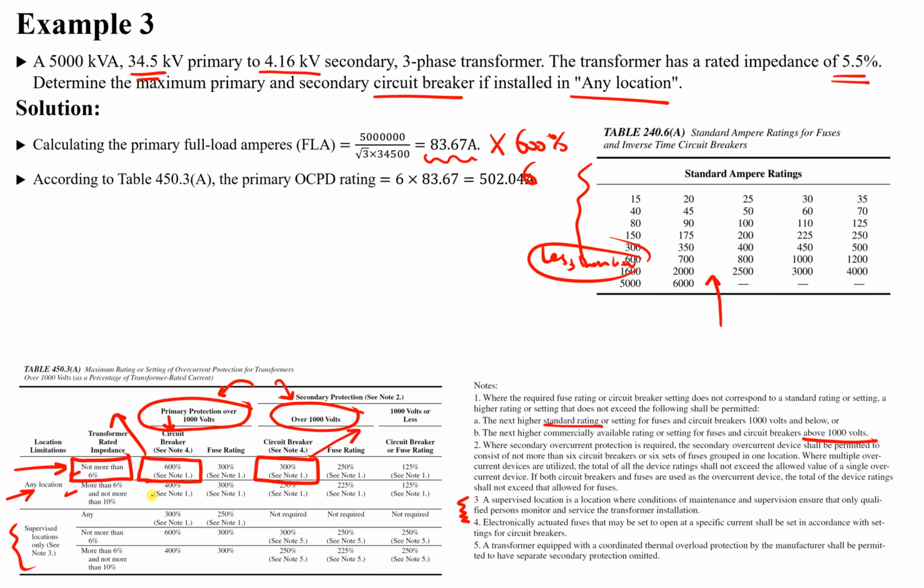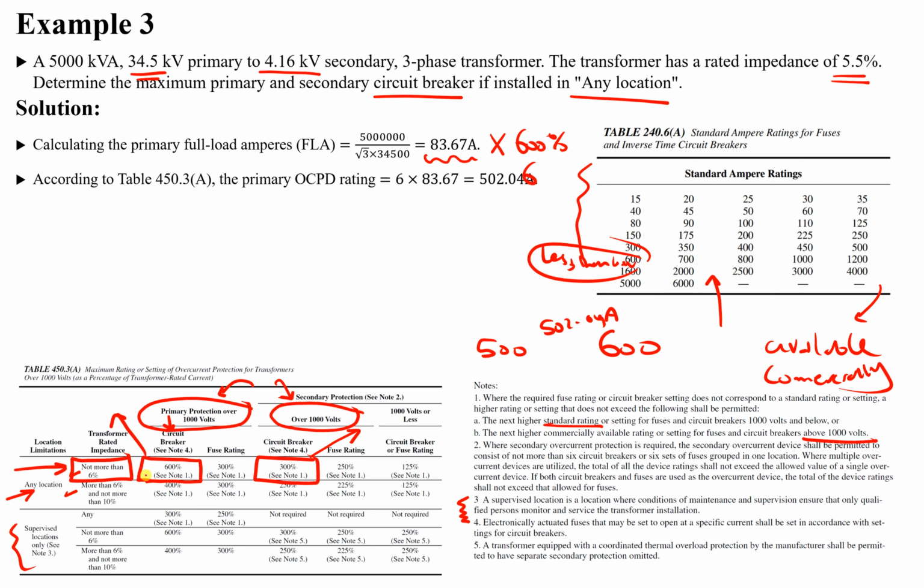Let's say, for simplicity, that these are the commercially available circuit breakers and fuses. In our case we have 500 and 600, and our value is 502.04 amperes. Which one should I select?